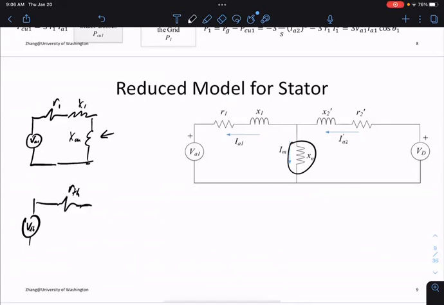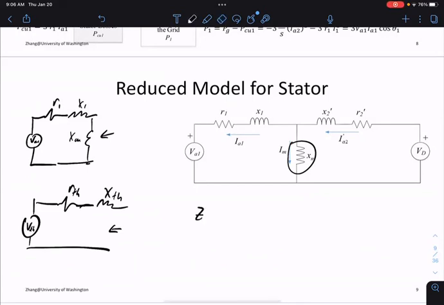So we can have a Thevenin equivalent circuit with RTH and XTH, and then that's the same circuit. Looking into it will be exactly electrically equivalent. Doing a Thevenin equivalent uses just the standard equations.